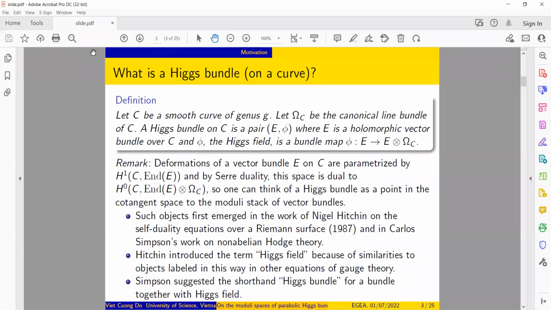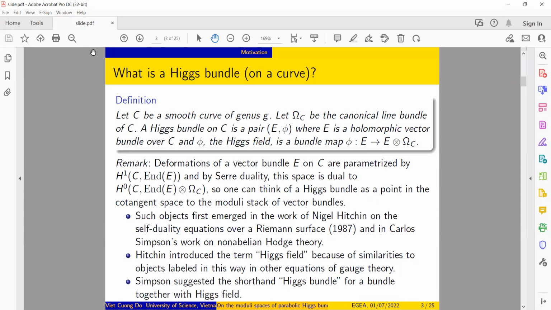To motivate why we have this definition, I give you some remarks. If you use Serre duality, you can see that you can take a Higgs bundle as a point of the cotangent space of the moduli stack of vector bundles. This object first emerged in the work of Hitchin in 1987, and in the collection of work of Simpson on non-abelian Hodge theory.